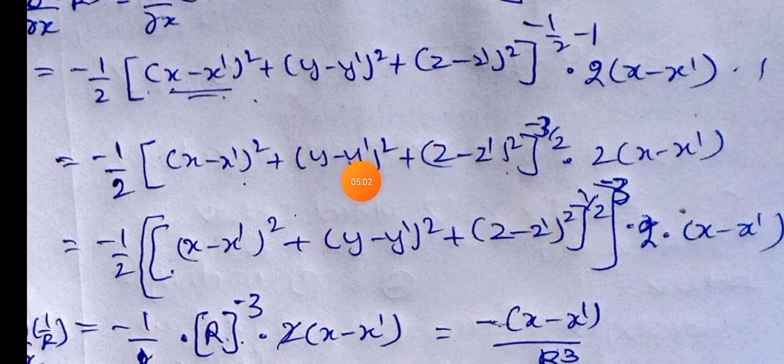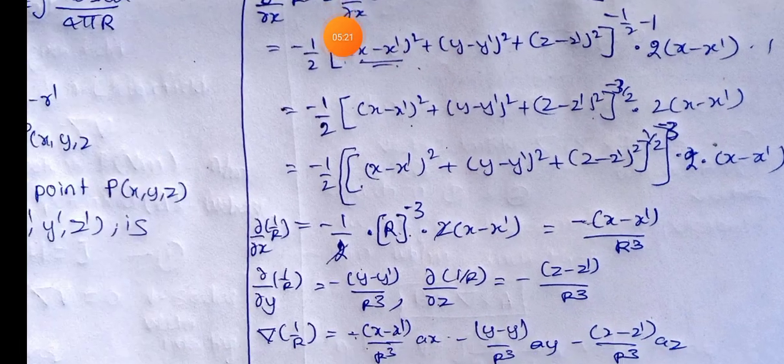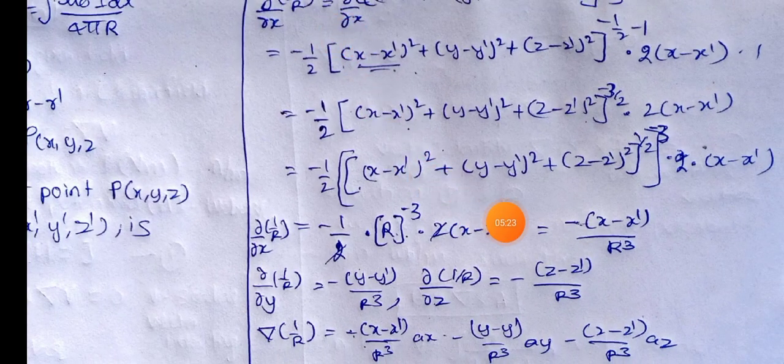Now let us see. The whole term can be written as the whole to the power of 1 by 2, and again whole to the power of minus 3, into 2 into (x minus x dash). This term is nothing but the magnitude r.